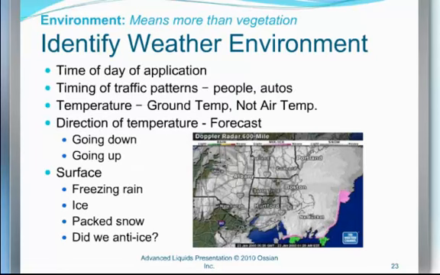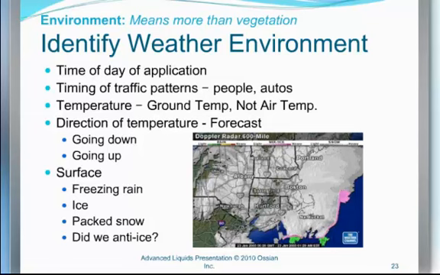The weather environment, the time of day, the application, the traffic patterns, people, we can just go on and on about the various issues about the weather, but the key one to understand, because you're trying to make the decision, do I anti-ice or do I not anti-ice? One of the key issues about anti-icing has to do with where the temperature is headed. Is the temperature going down or is it going up? Fifteen degrees is what we call our anti-ice point.